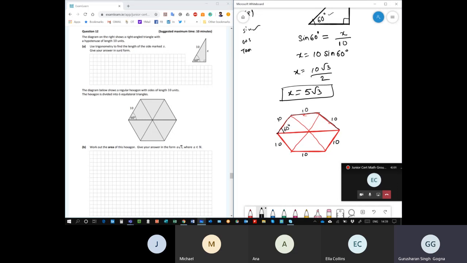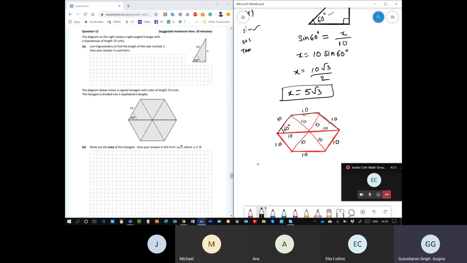The hexagon is divided into 6 equilateral triangles. That's given in the question. Equilateral triangle means all sides are equal as well, so all these internal sides are 10 as well. That's the property of an equilateral triangle.